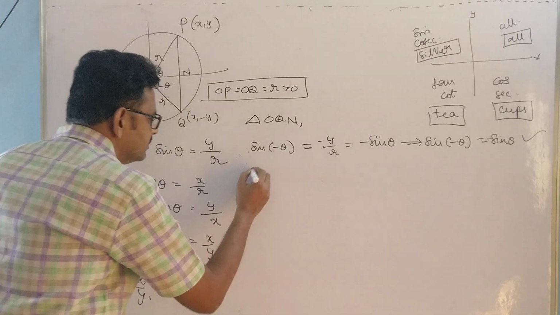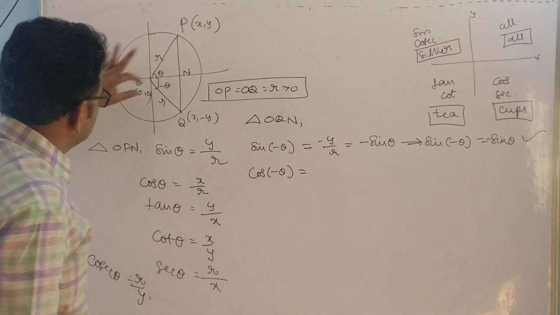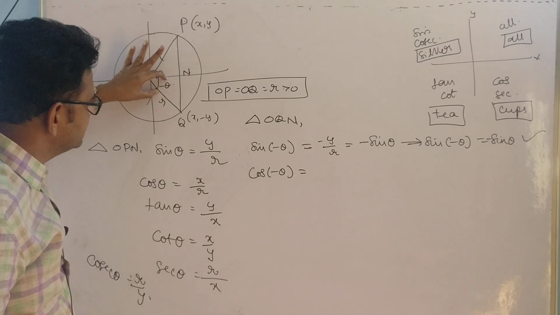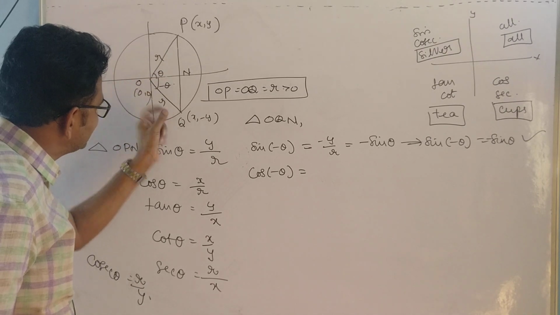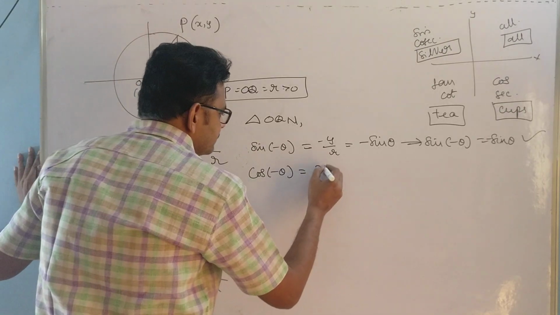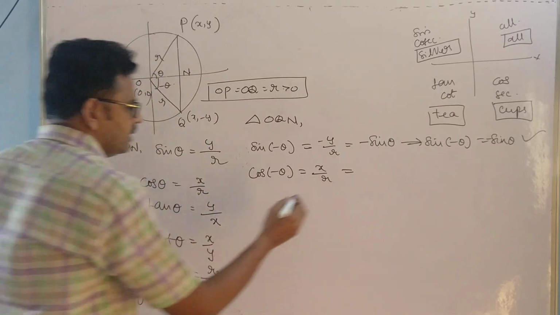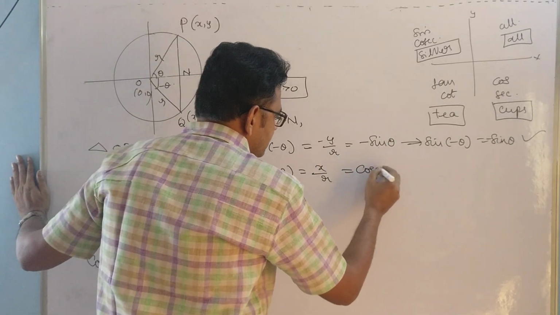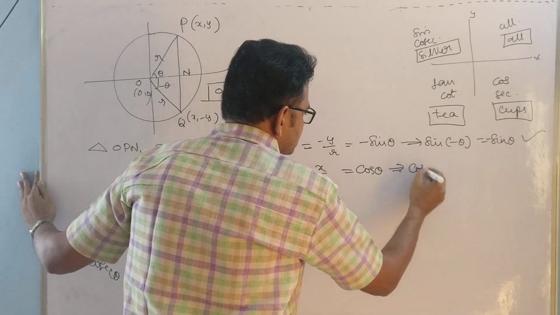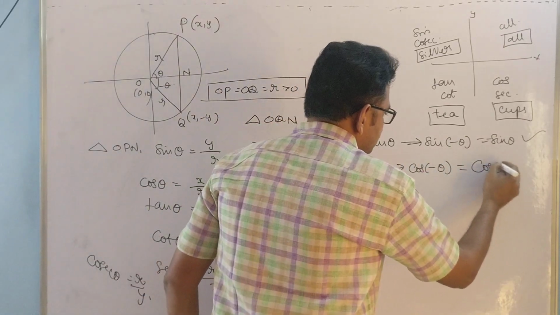And next, what about cos of minus theta? What is the formula? Abscissa by distance means x by r, which is equal to cos theta, which is also x by r. So cos of minus theta is equal to cos theta.